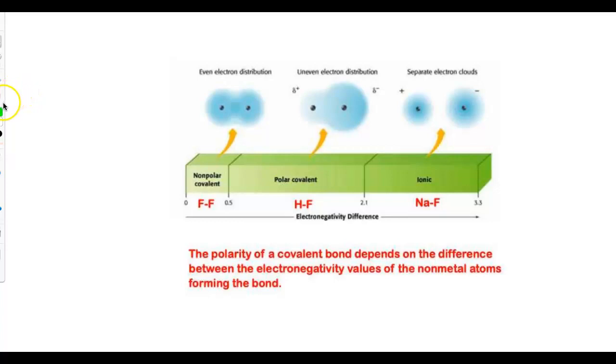All right, and this is a reference. I can't remember which textbook this is from. It's not your textbook. Depending on what reference you use, sometimes these numbers will change. There's not a hard and fast rule about when a bond becomes polar covalent versus nonpolar covalent.